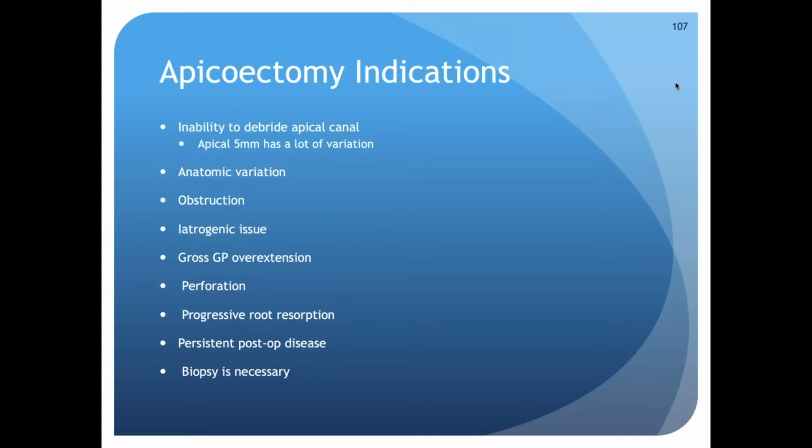So some indications for this. Inability to negotiate the apical canal. There are a lot of variations in the last 5 millimeters of the root, so that's often the part that we're removing, the diseased part. Again, those anatomic variations, some sort of obstruction, whether it be an instrument from another provider or yourself, or a ledge you can't get around.